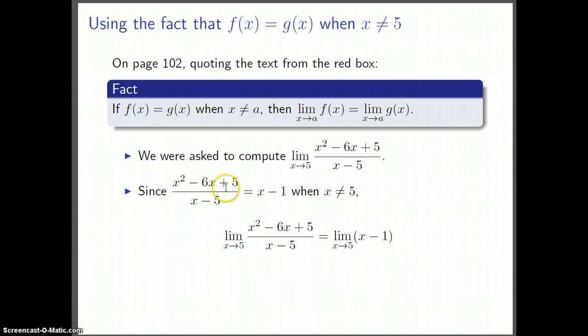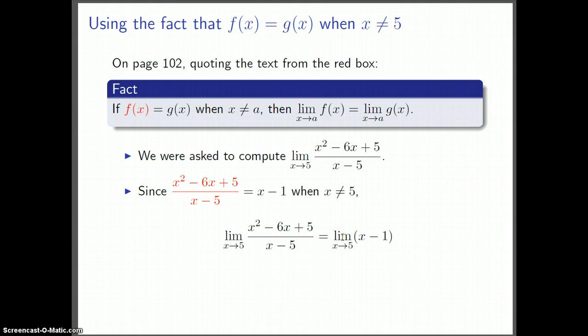Since here's our f of x formula, it's equal to g of x when x is not equal to 5, then we can say that the limit of these two different functions, they're pretty related, they are technically different functions but they're almost the same, these two limits end up being the same. Let's follow along.